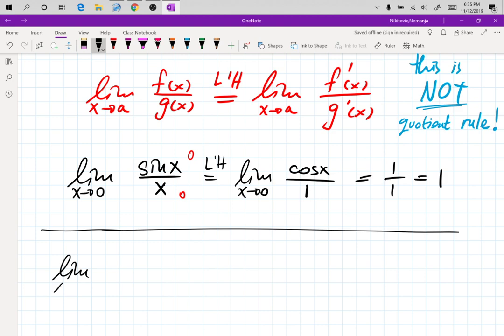The limit as x goes to infinity of 3x squared plus 2x divided by 9x plus x squared. Let's do 1 plus x squared, like that, so we can't cancel.